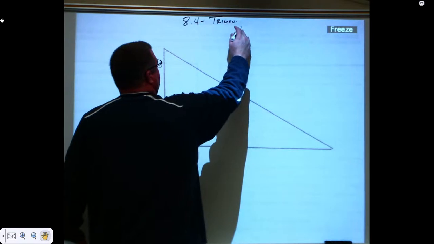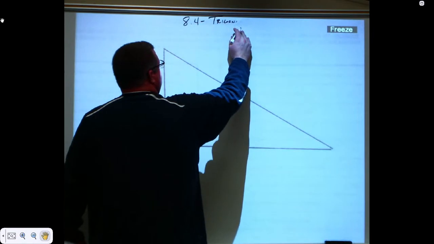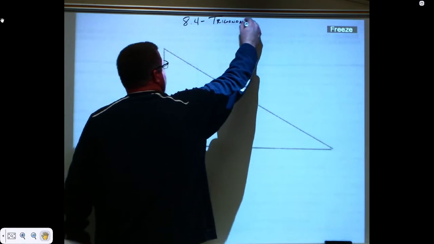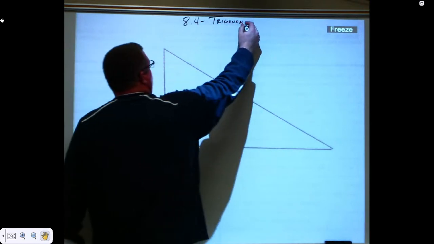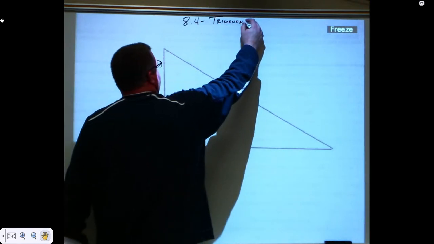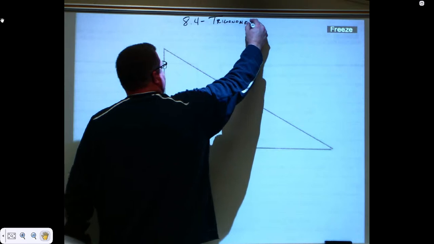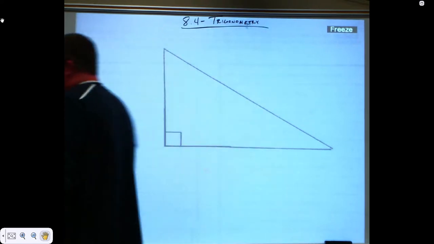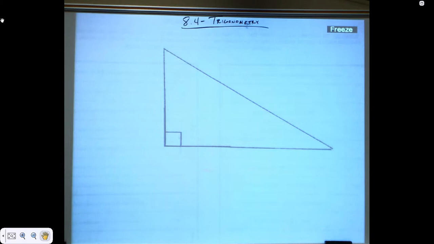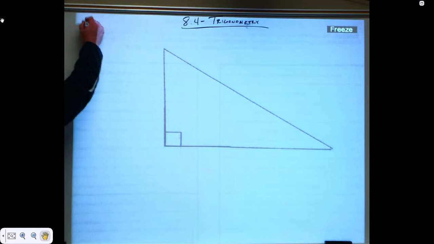I've called it trig my whole life too. The basis of trigonometry are these things, and they are called your trig functions.